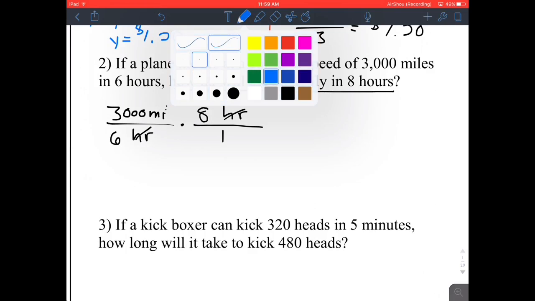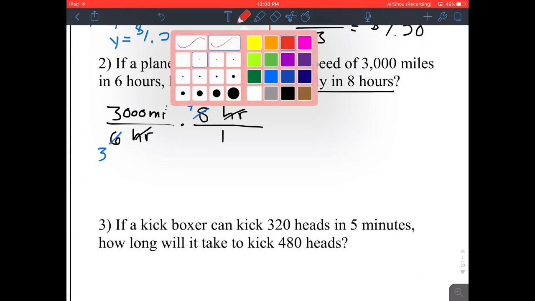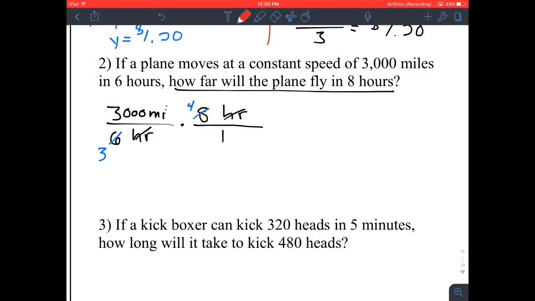We can also divide both 6 and 8 by 2. We can also divide 3 and 3,000 by 3. This ends up being 4,000. What units do we have left? We have miles left. So it's 4,000 miles.